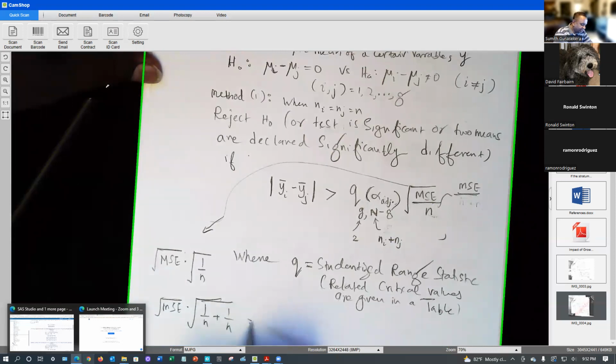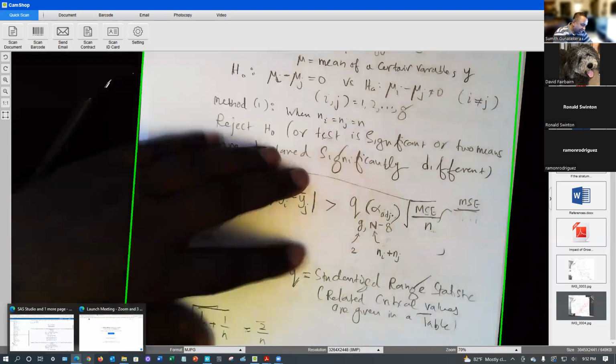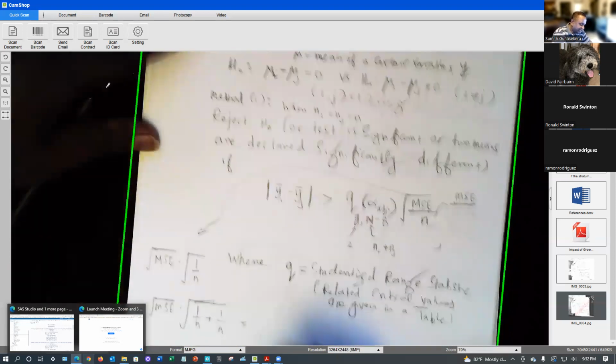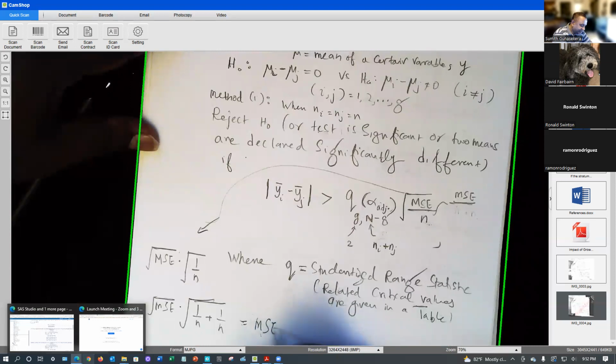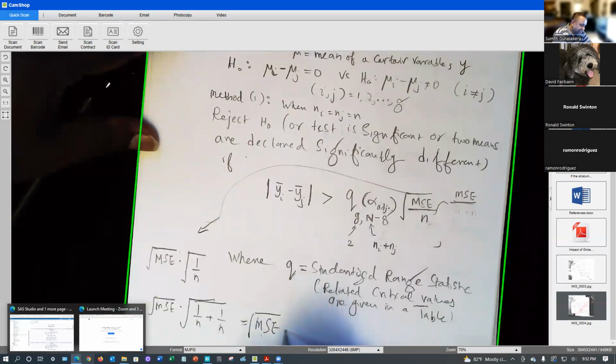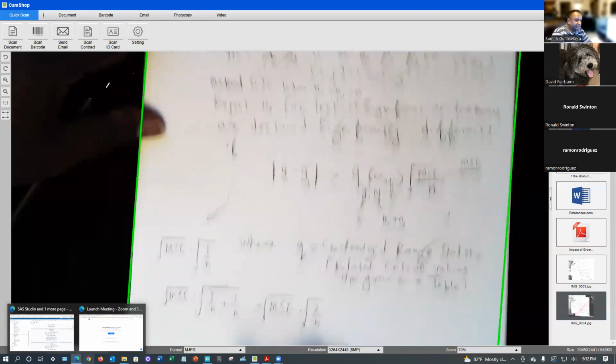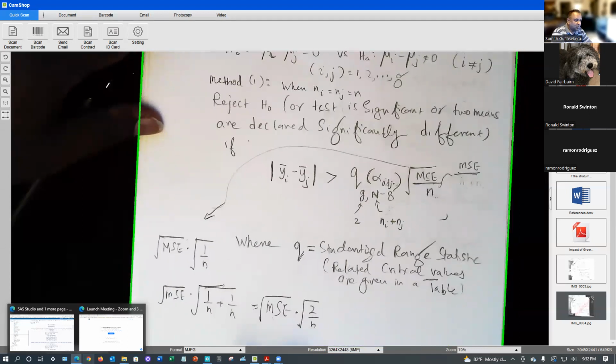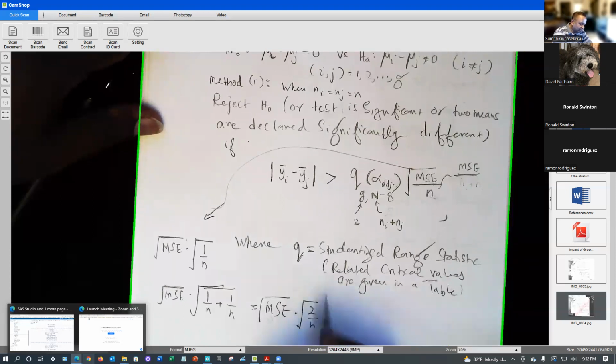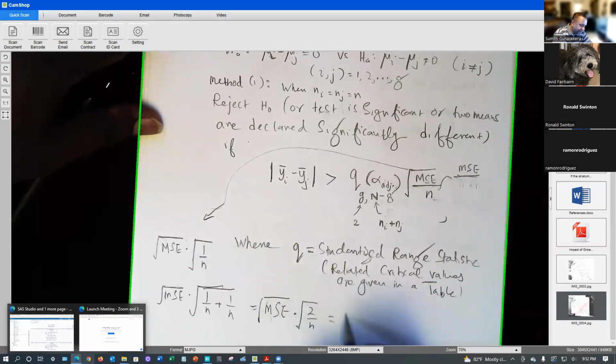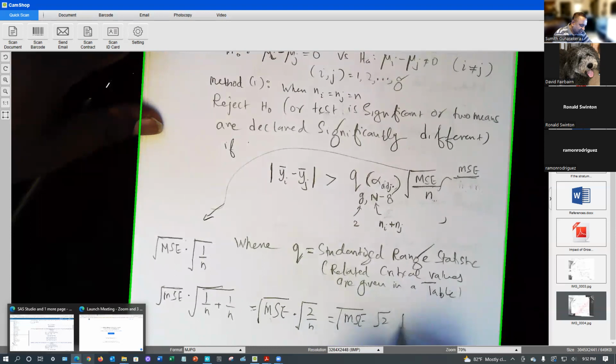Later on, when you add them together, because both have the same one, you get mean squared error times square root of 2 over n. That 2 has been absorbed, this root 2, and I get mean squared error, square root 2, 1 over square root 2.